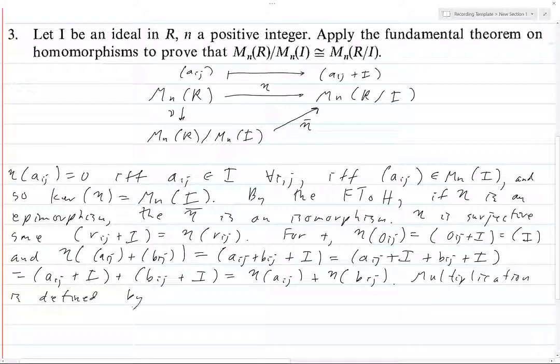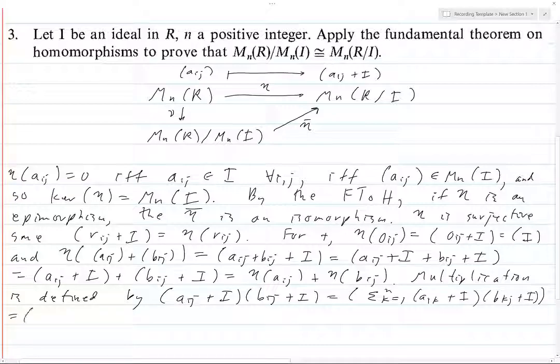Anyways, multiplication is defined by the matrix (A_ij + I) times (B_ij + I) is the matrix consisting of the sum from k equals 1 to n of (A_ik + I)(B_kj + I). These are the elements, but this is just the sum from k equals 1 to n of the element A_ik B_kj.